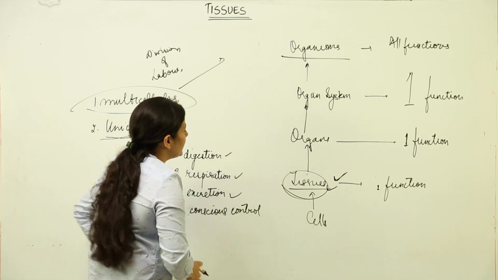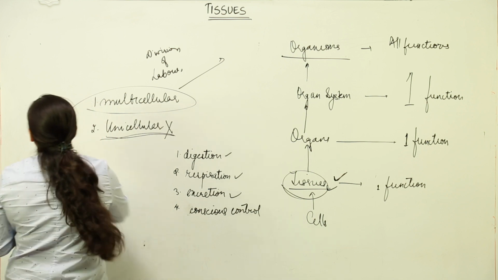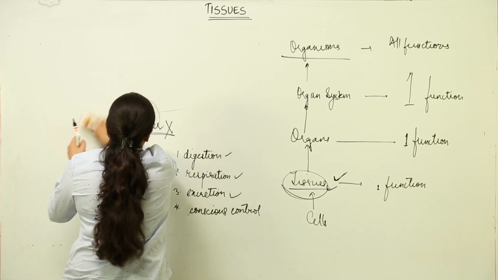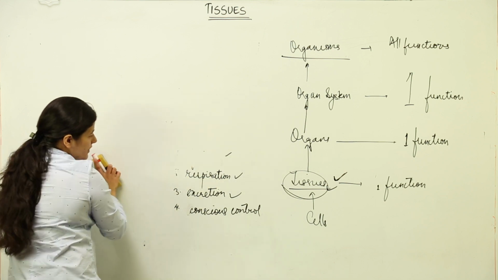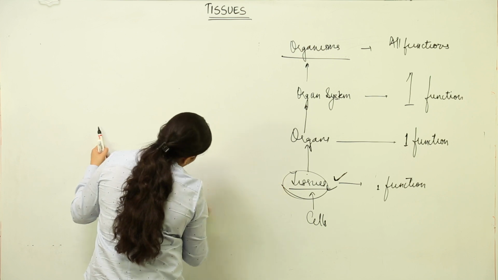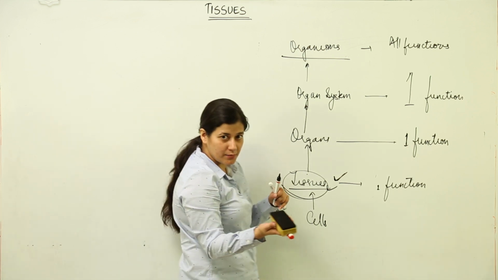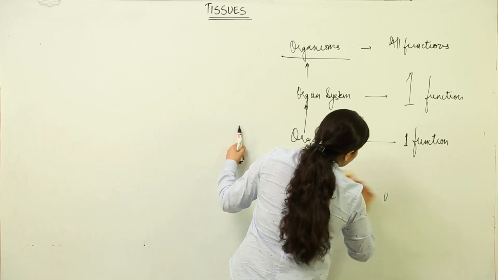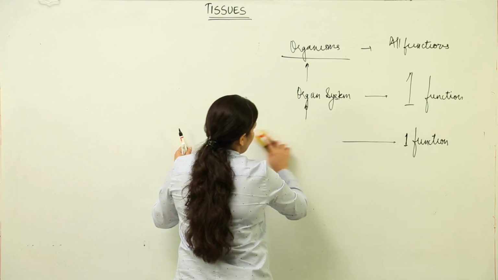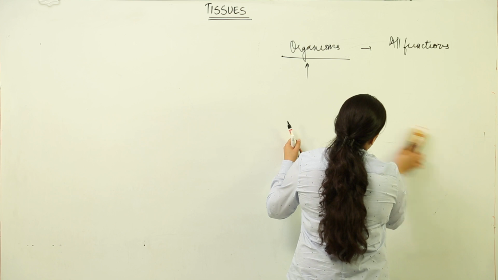When we are dealing with tissues, we have to deal with plant and animal tissues only. Before we jump to the next topic, what we have to learn is why we study plant tissue and animal tissue differently. If we study them differently, there must be some point of difference, and that difference is in the basic behavior that we observe in plants and animals.